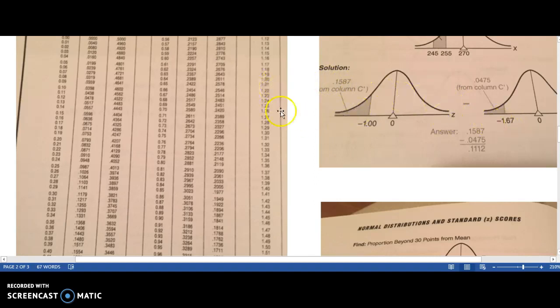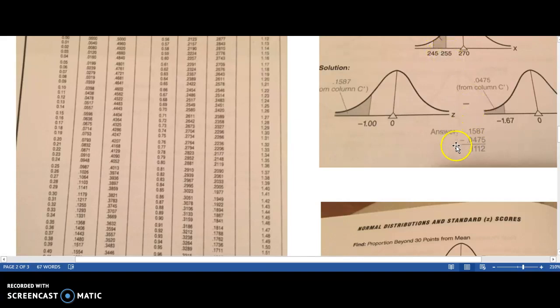Then we're going to use the table to find for negative 1.67. That provides an area under the curve of 0.0475. This is where you have to use a little math and understand that if I know that the area from this point to the tail is 0.1587, and from this point to the tail is 0.0475, then the difference, or this little section here, is the difference between those areas.